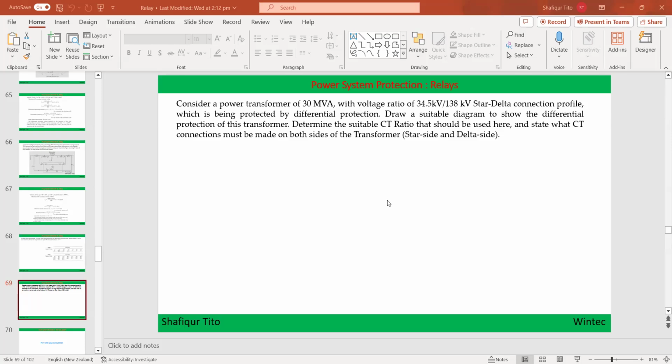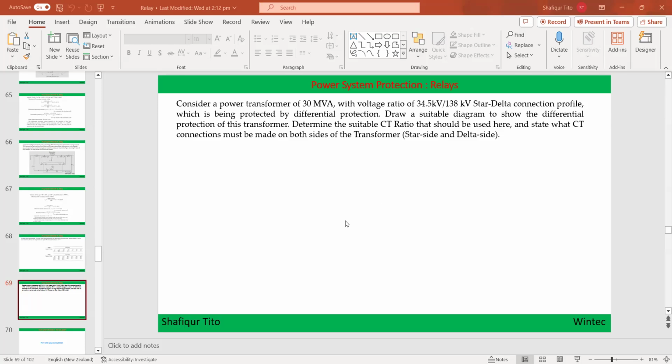What we need to do is draw the suitable diagram: the primary transformer coil connection, the secondary coil connection, and also the CT connection.